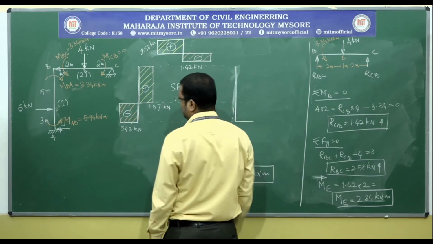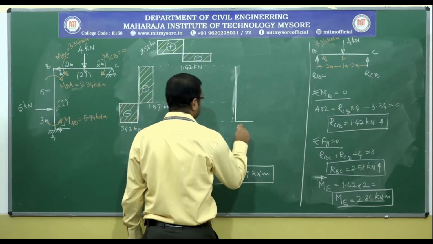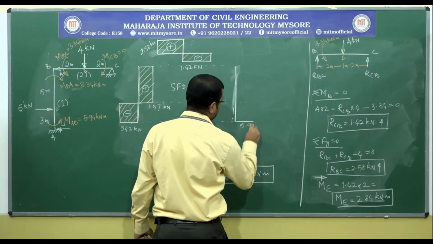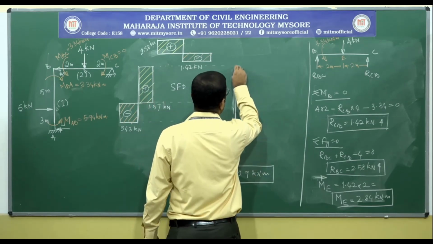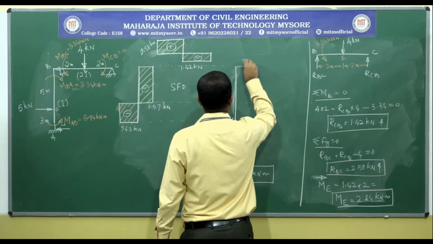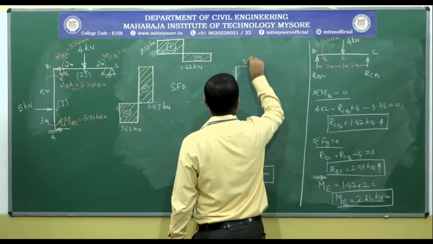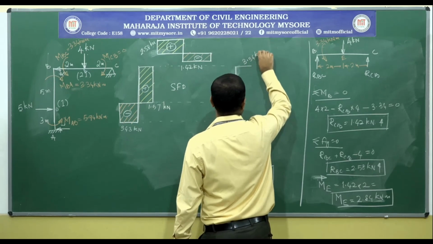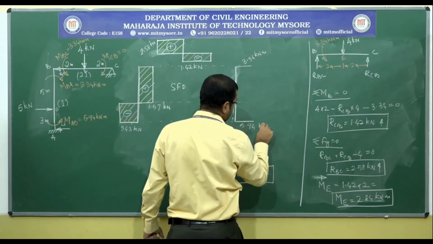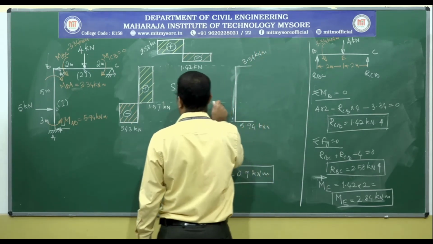So this is 5.94, and this is 3.34 kilonewton meter.